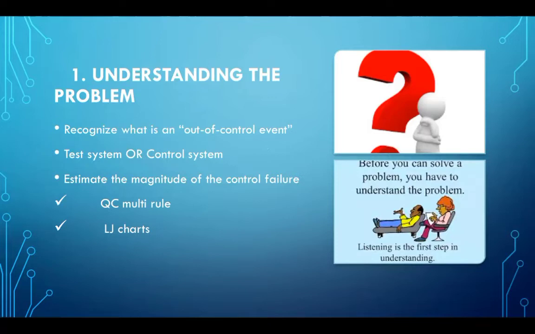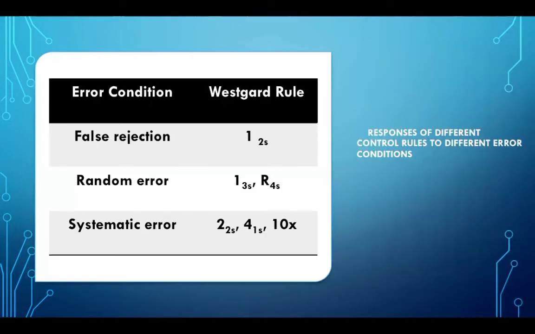So for this, what is required? We have to see our Levey-Jennings charts and QC multiple rules. Okay. What are the rules which are not being complied in a particular situation?